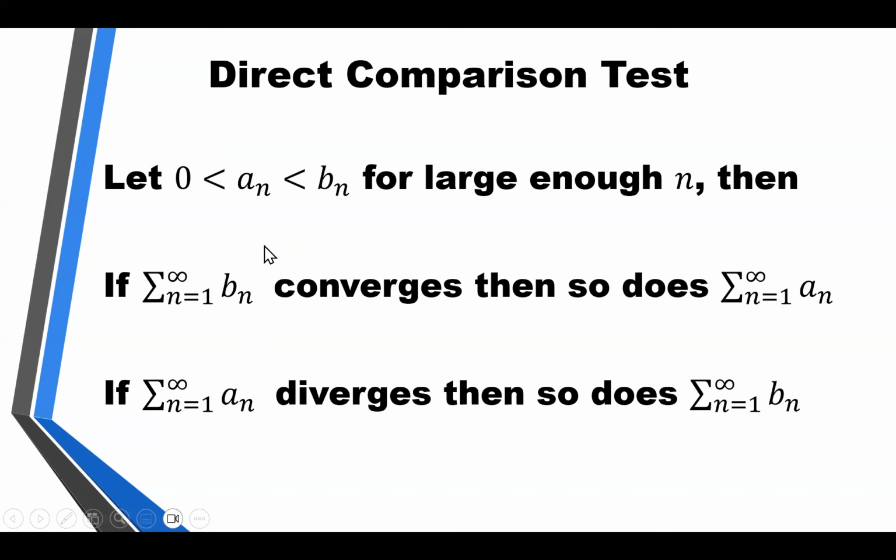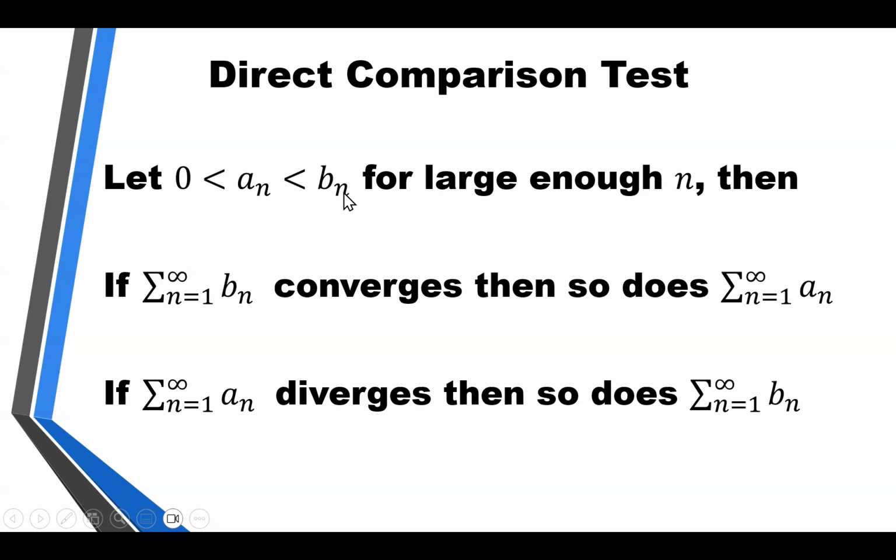That should make sense. If the B sub n's add up to a finite number, then adding up smaller numbers should also give you a finite number. If adding up the smaller numbers gives you infinity, then adding up the bigger numbers should also give you infinity.